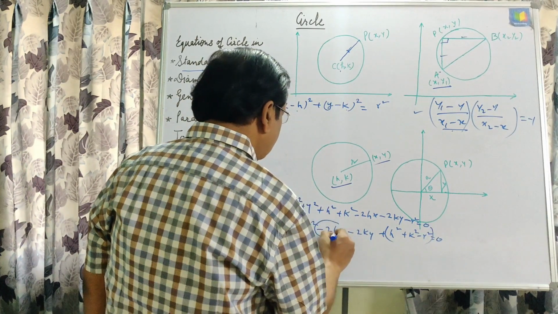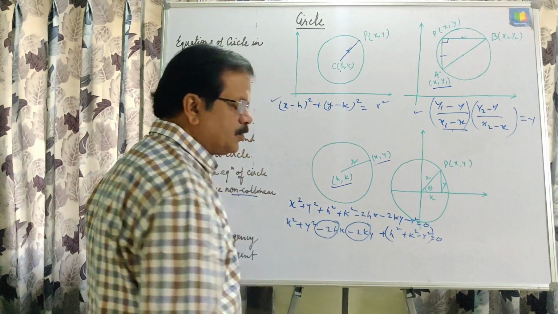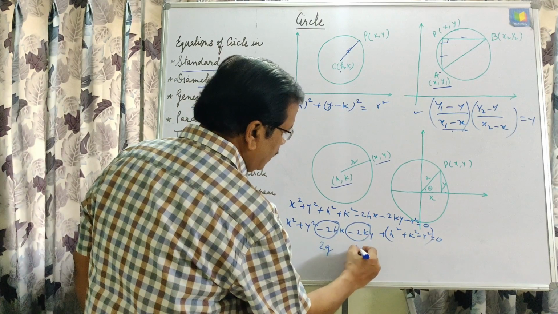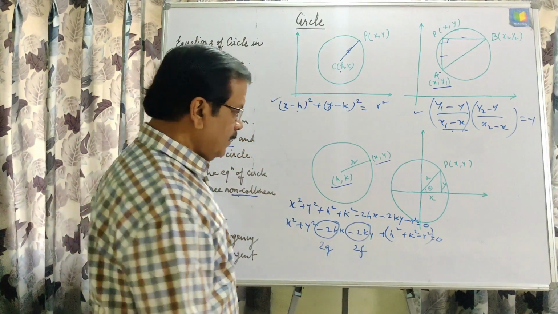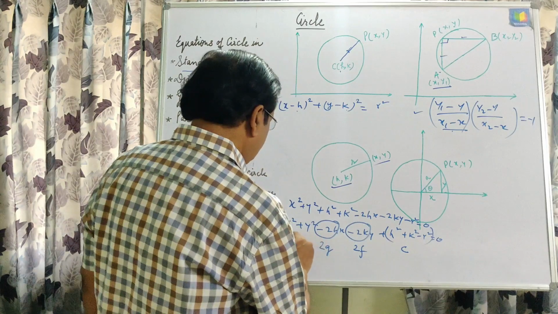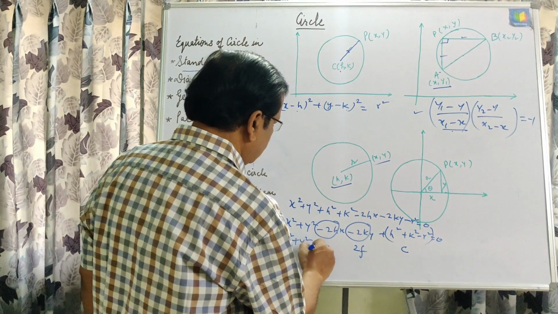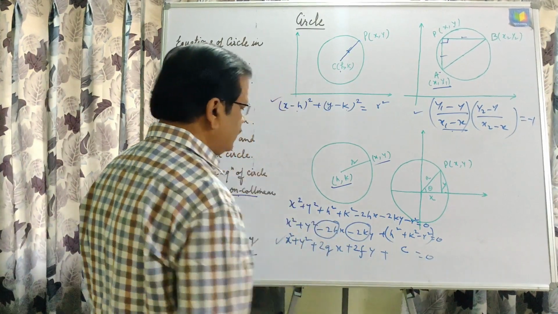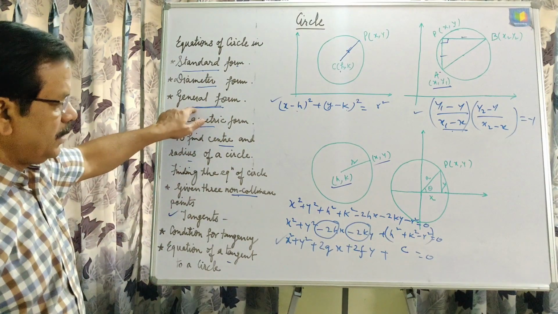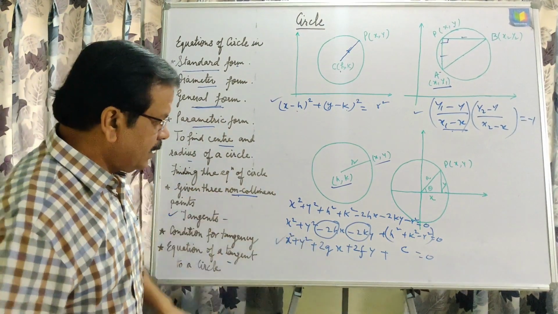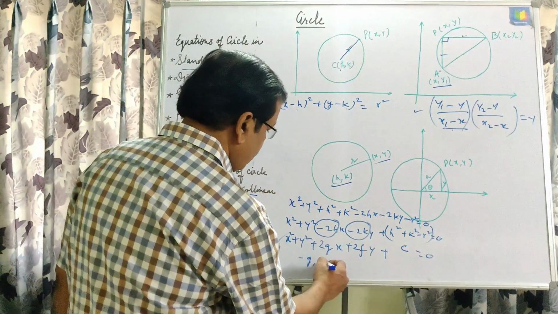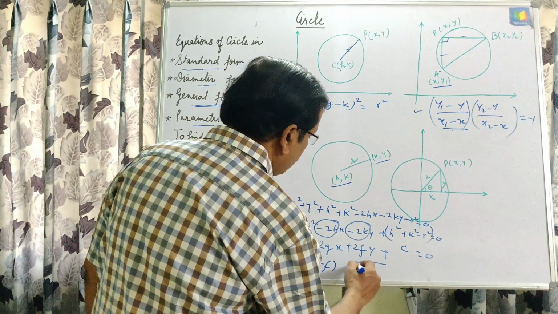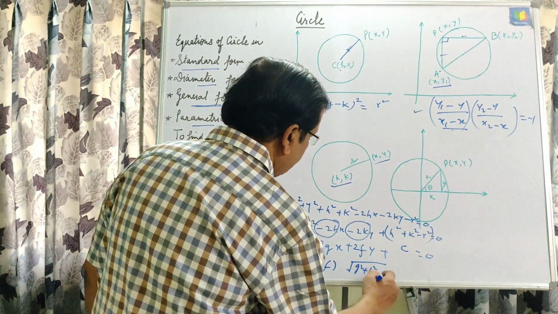And here in place of minus 2h, if we write 2g, and in place of minus 2k we write 2f, and this is c, then the equation of circle will be changed into x square plus y square plus 2gx plus 2fy plus c is equal to 0, and this is the general form of the equation of circle, where the center is (minus g, minus f), and radius will be root of g square plus f square minus c.